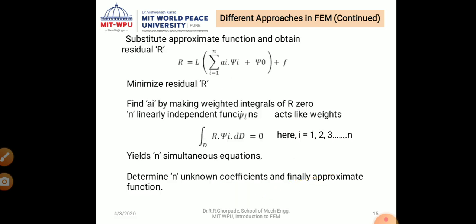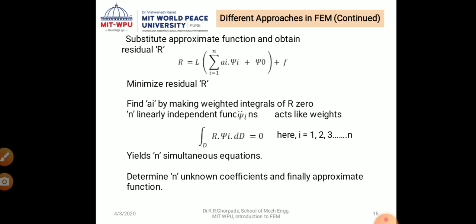So substituting approximate function, we can get the domain residual term over here. So bracketed term is u now in this case, Lu plus f like this. So you have to minimize this domain residual and find a_i by making this weighted residual integral equals to 0.